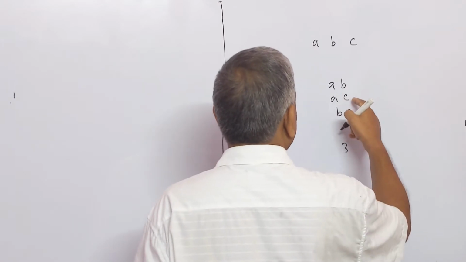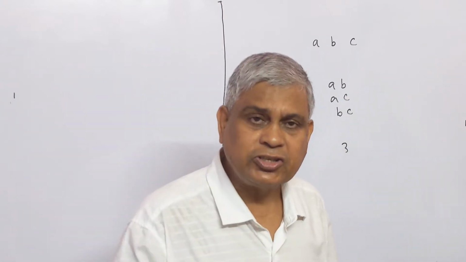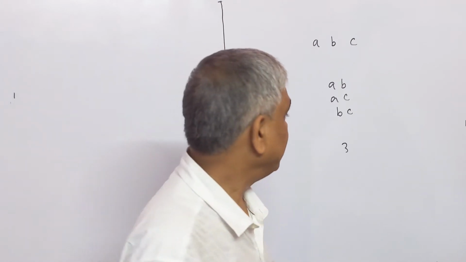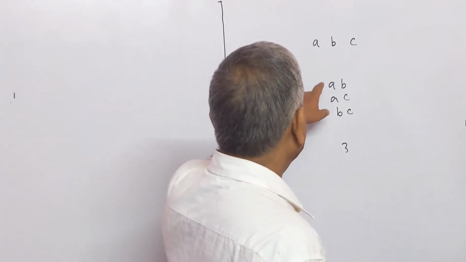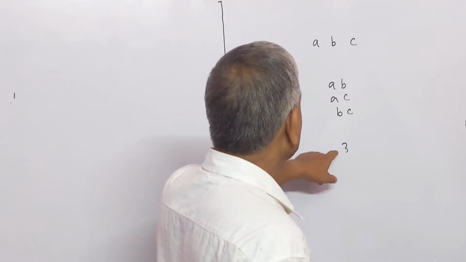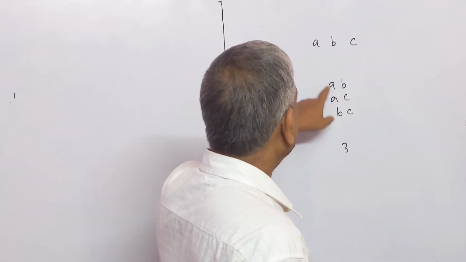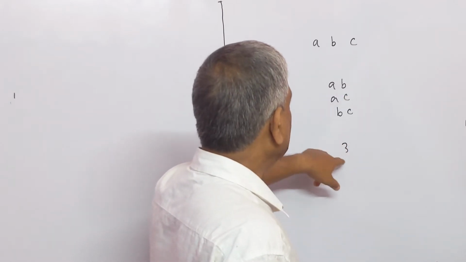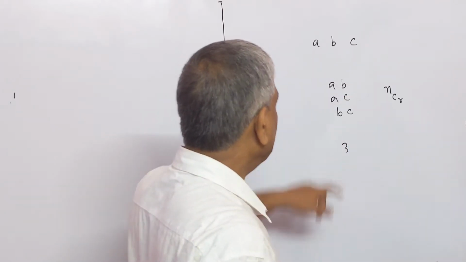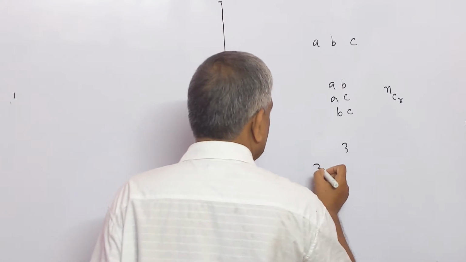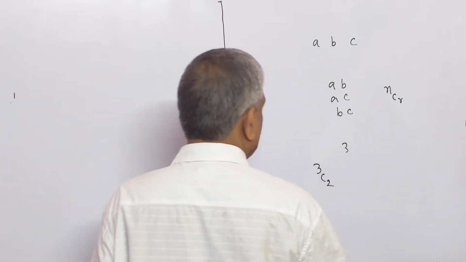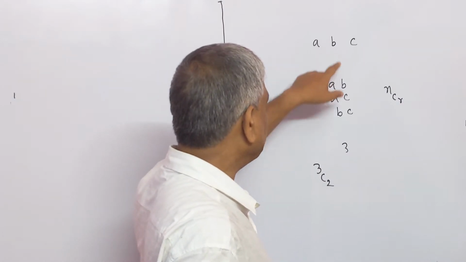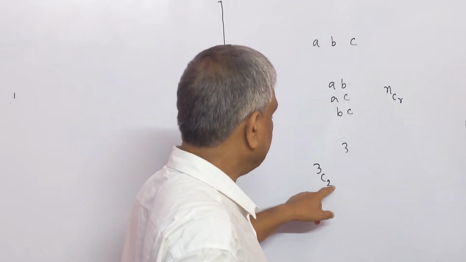Here 1, 2, 3. This concept is called combination. Here the number of ways to select two letters from three letters is 3. We denote this by 3C2. The number of letters is 3 and we have to select two letters.